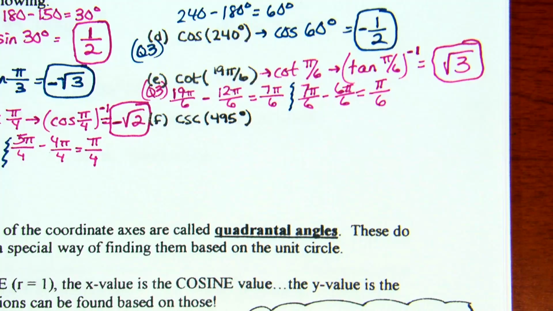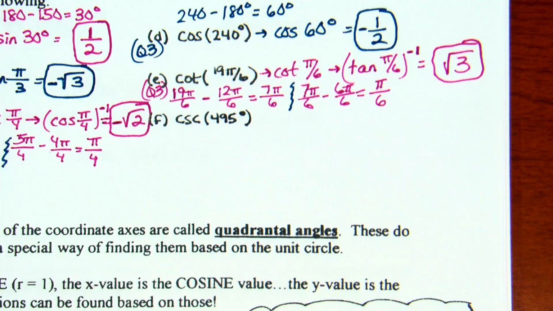One more here before we move to the bottom section. Cosecant of 495 degrees. What do you know about 495 degrees? Okay, it's big, right? That's what I'm going to keep saying.